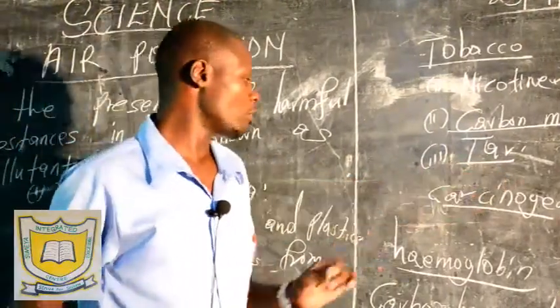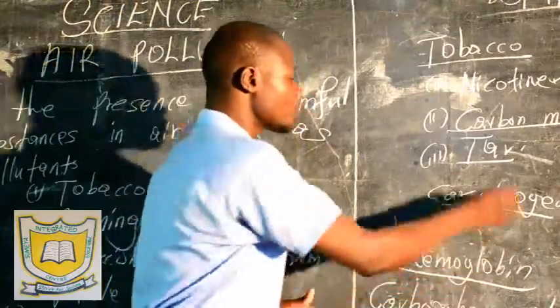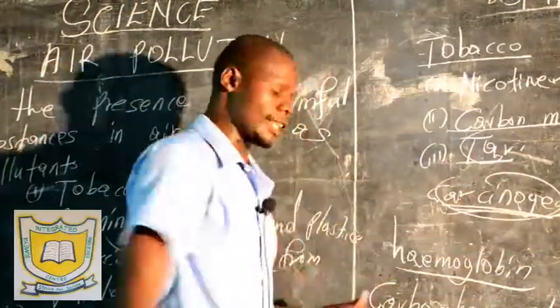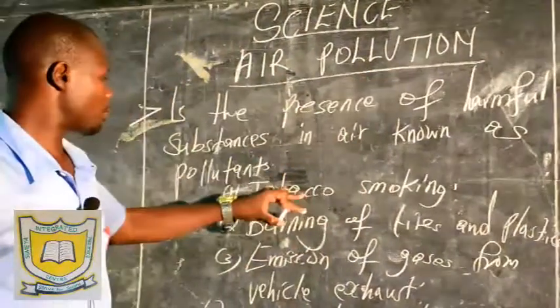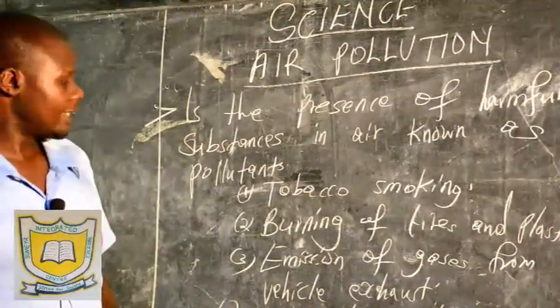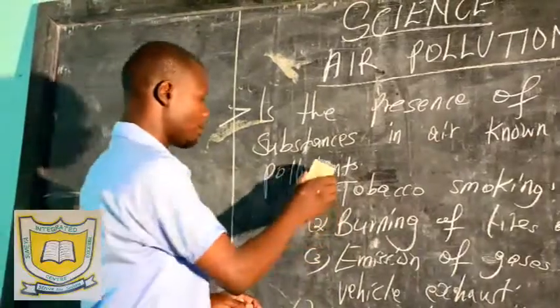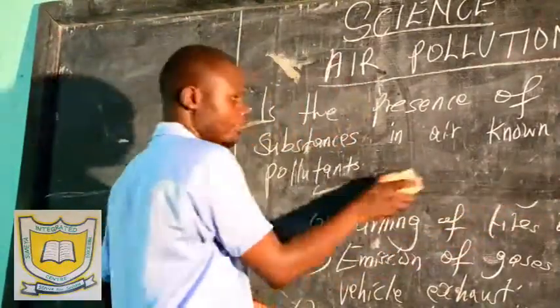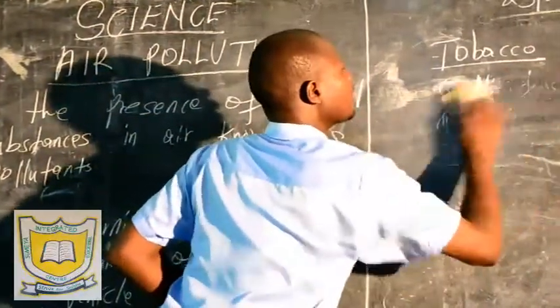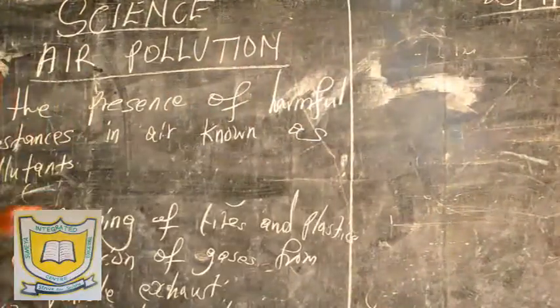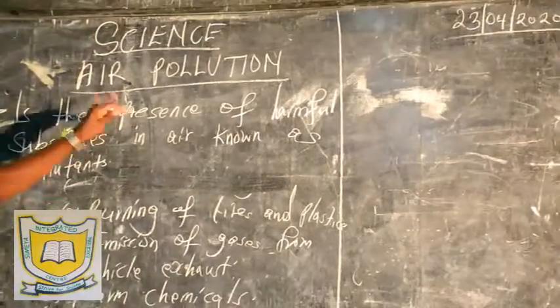Cancer is also a very dangerous disease. It is caused by this element known as carcinogen found in tar. That is how tobacco affects the air. We have discussed tobacco, which was the first way of polluting the air.